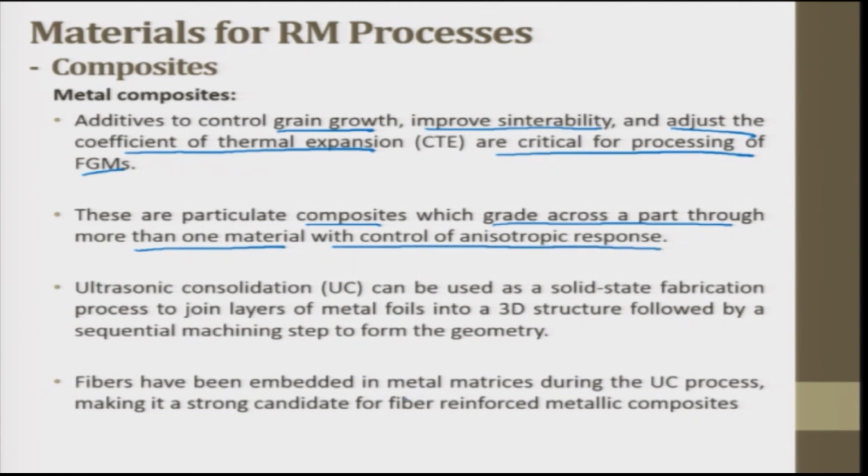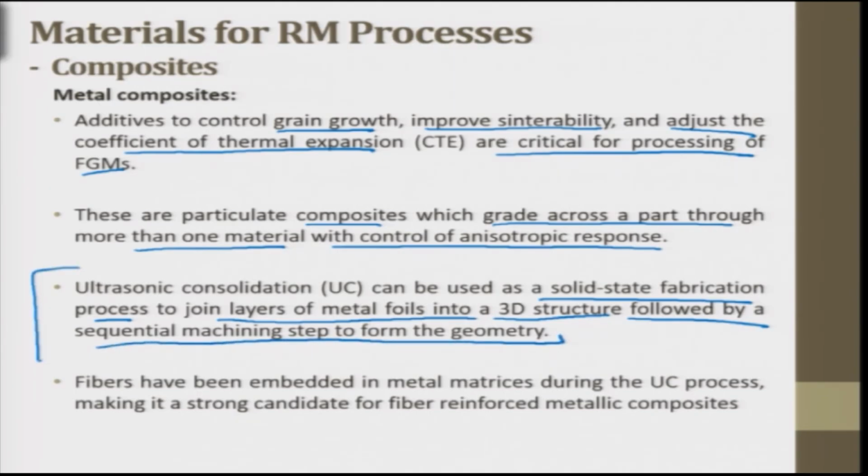Ultrasonic consolidation, which is UC, can be used as a solid state fabrication process to join layers of metal foils into a 3D structure, followed by a sequential machining step to form the geometry. So UC and machining become the post processing step here. They can help to develop metal composites as well. Fibers have been embedded in metal matrices during the UC process, making it a strong candidate for fiber reinforced metallic composites.